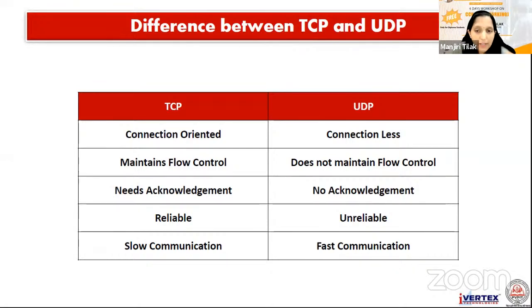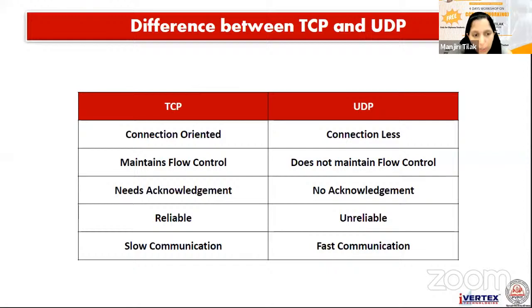But UDP does not have any acknowledgement, so it will continuously just send the data. If the receiver is ready to receive, data will be received. If the receiver is not ready, data will be dropped. And that's why on the transport layer, UDP communication is known as unreliable communication.